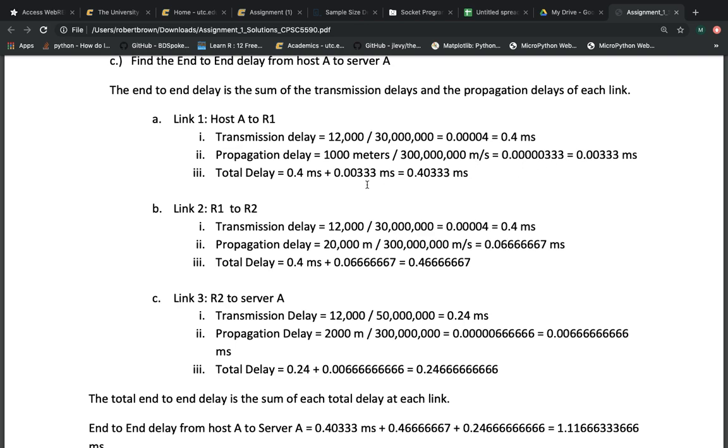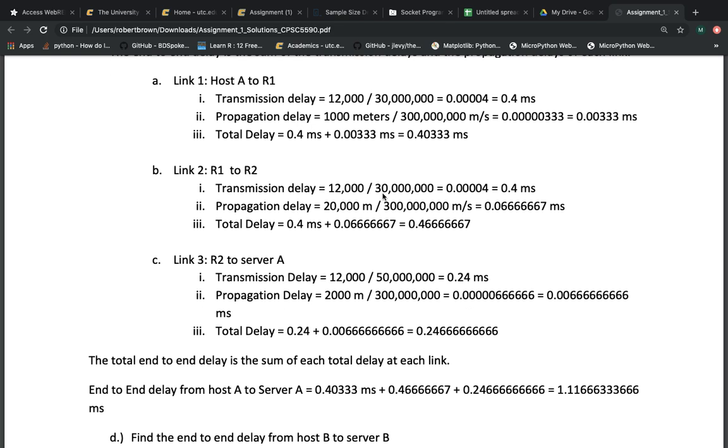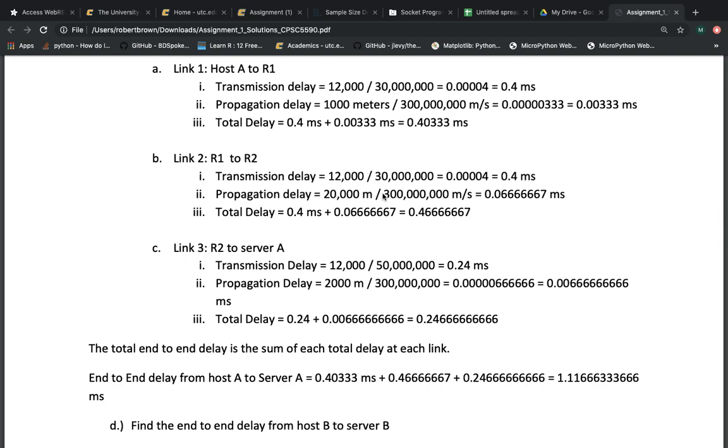To get the total delay from host A to R1, add the transmission delay and the propagation delay, and that will give you 0.40333 milliseconds.